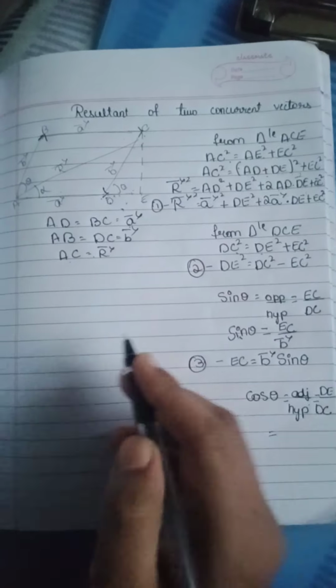From equations 1, 2, 3, 4, we want the resultant of two concurrent vectors. I write here only.